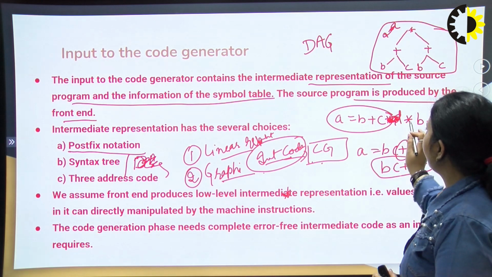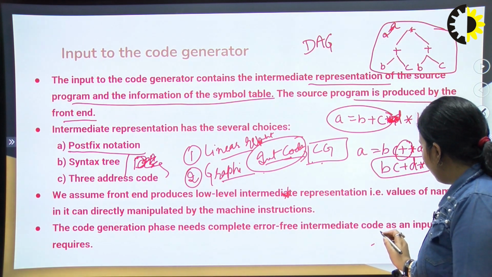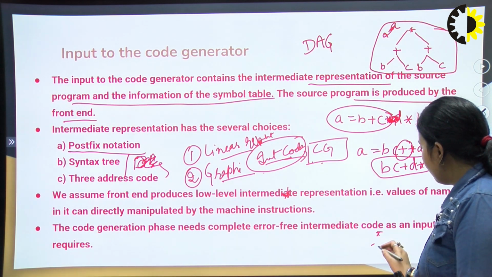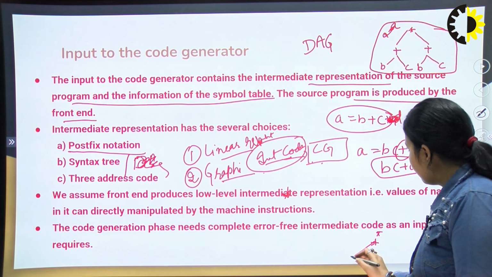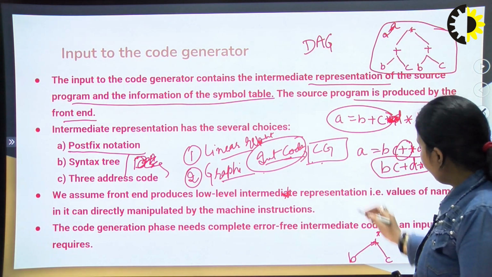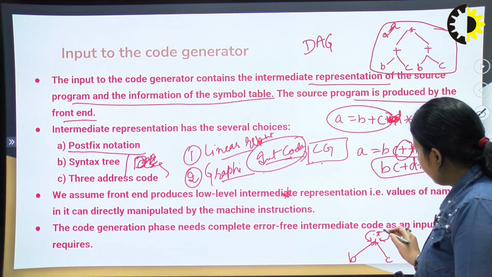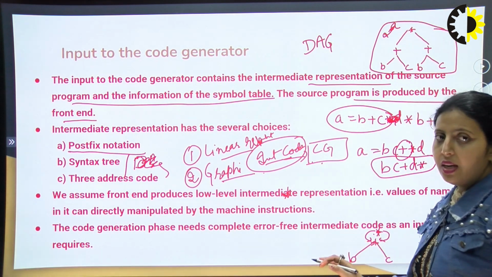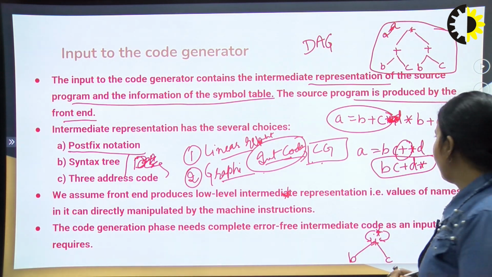So, for this particular expression, the DAG can be like star, plus, here it is B and here it is C. For the left side it is this and for the right side it is this. This is the DAG for this particular expression.